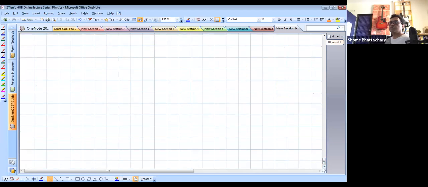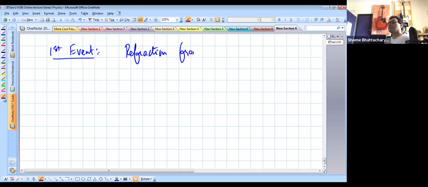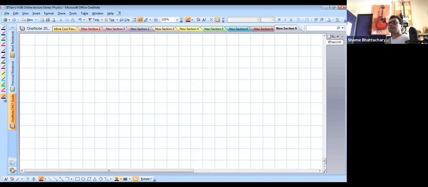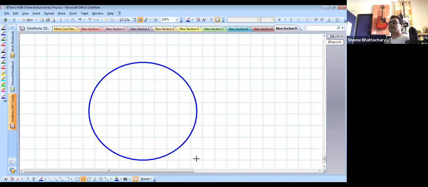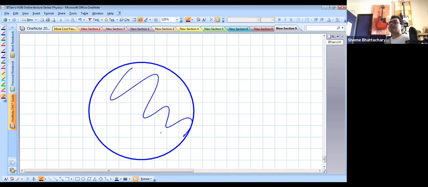So if you were to just do this in terms of events, so the first event here is refraction from air to glass at a convex surface. For that first refraction, we don't need to worry about the second event that is happening. We just need to keep in mind that what is ahead doesn't matter over here.